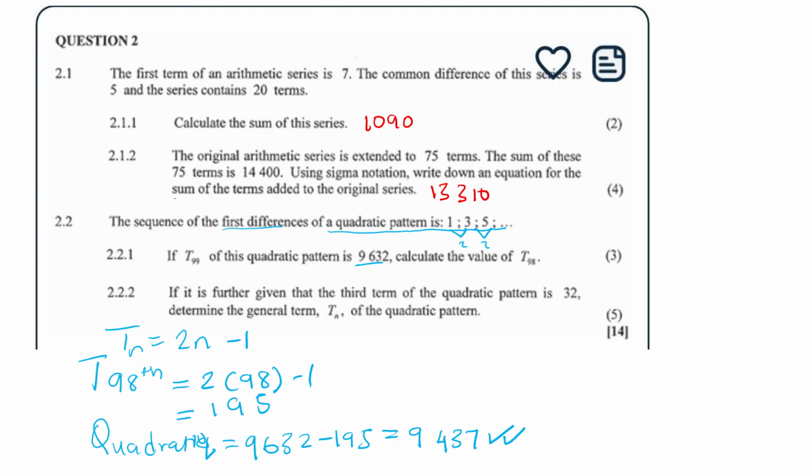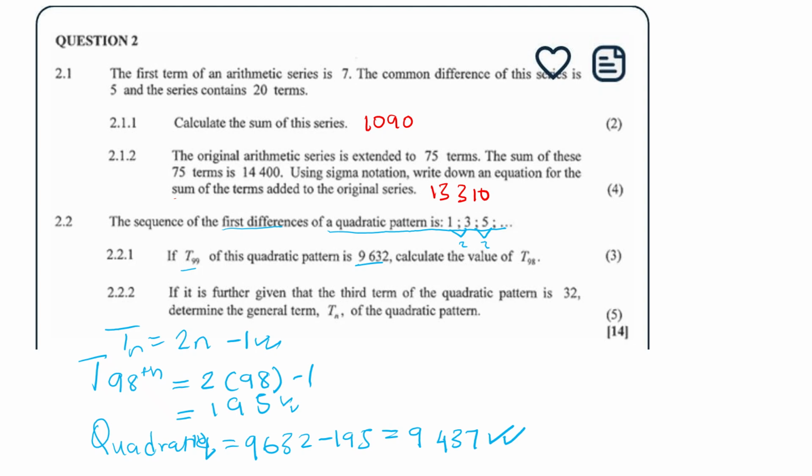We first find the Tn of the first difference, then find the 98th term of the first difference, which is 195. Then for the quadratic, we subtract this from term 99 of the quadratic, which is 9,632, minus 195.